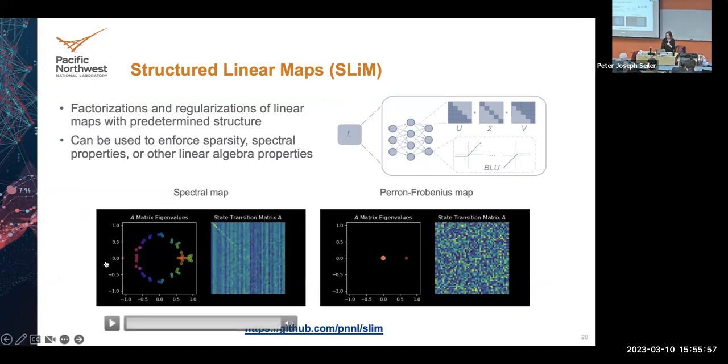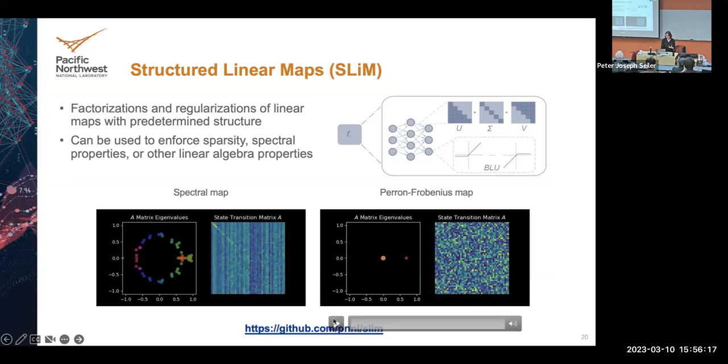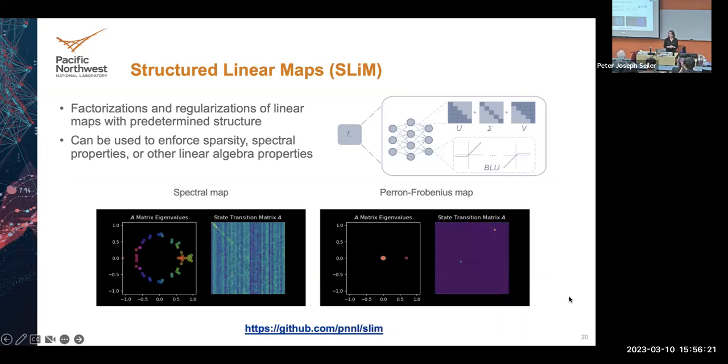Throughout the training process, while the parameters of the layer are being learned, we can ensure that the eigenvalues of that particular layer stay within the unit circle. It's a way of enforcing more constraints during the learning process, and you can do so with other types of regularizations.